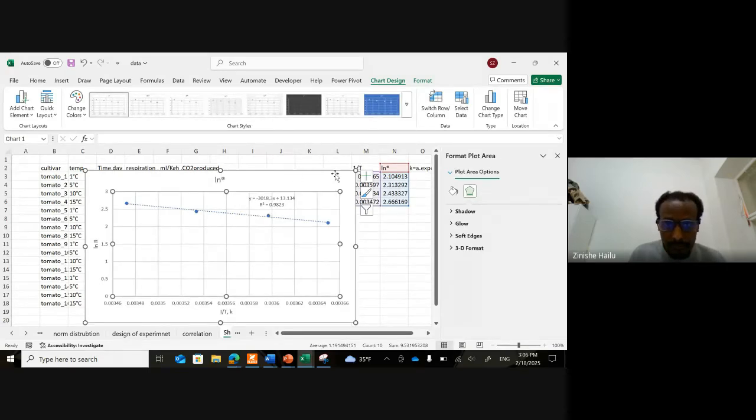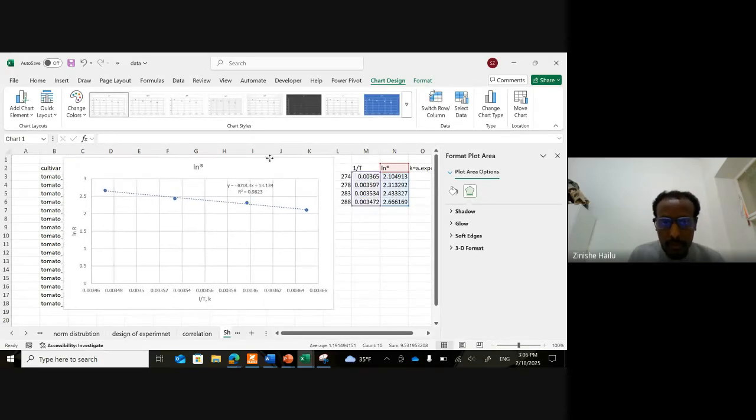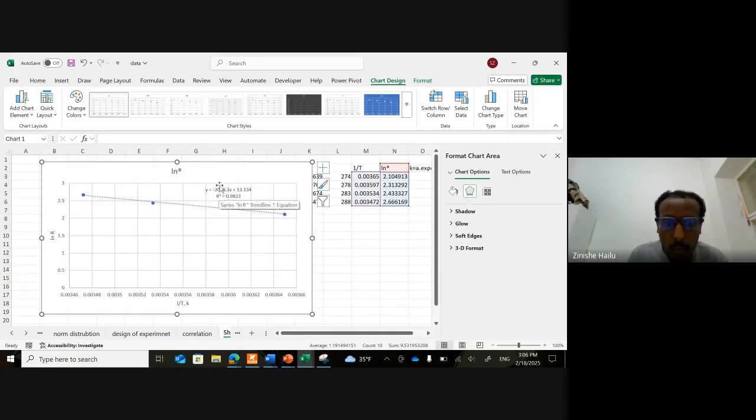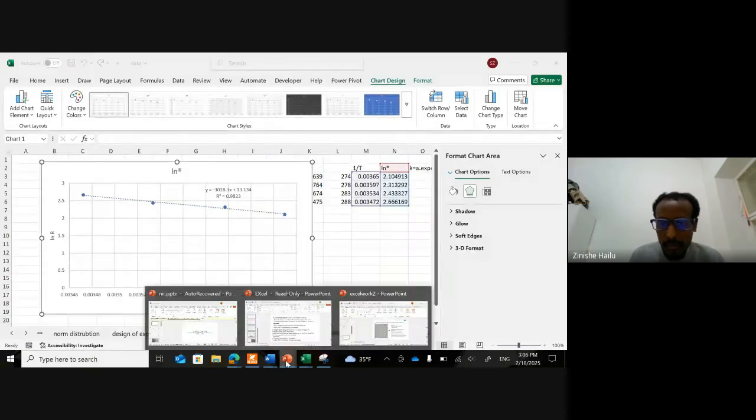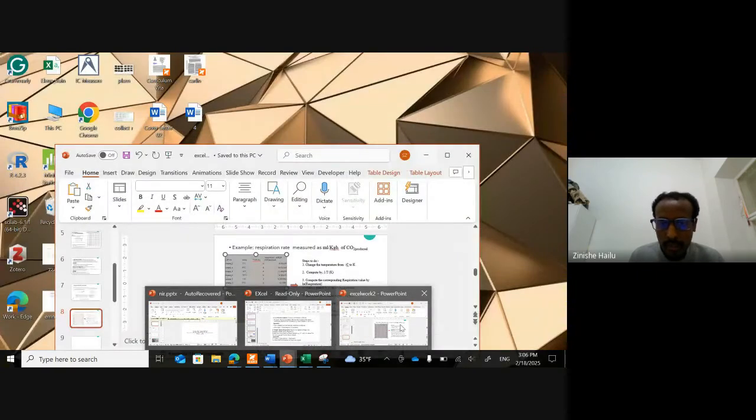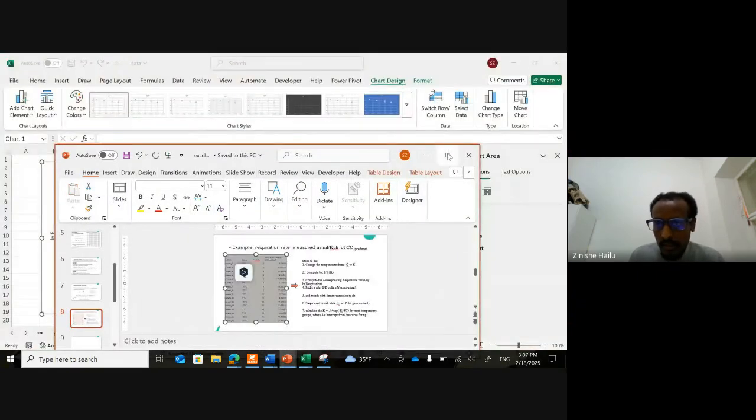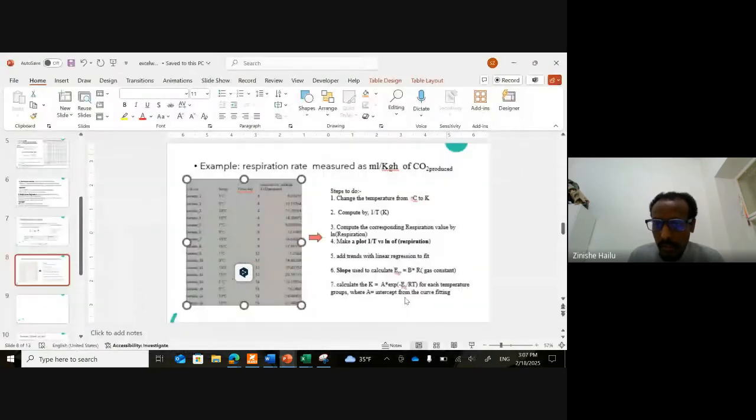So from this, the very important parameter is the slope. The slope, if you see in the PowerPoint, we said slope is directly connected to the activation energy. Activation energy is calculated with the B times R. B is the slope, this.